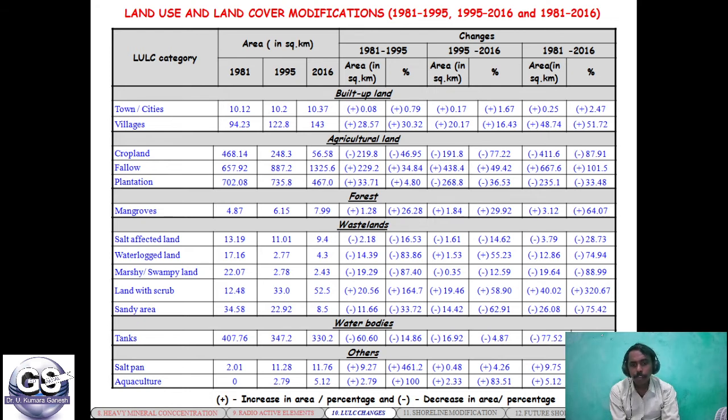The tanks are a very notable modification noticed in this region. Tanks are subdivided into two categories, system tanks and non-system tanks. The system tanks are maintained by the PWD department, and non-system tanks are maintained by Panchayat unions. That we will discuss in the later part.